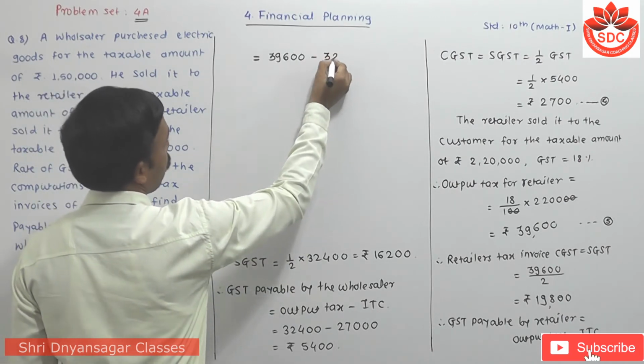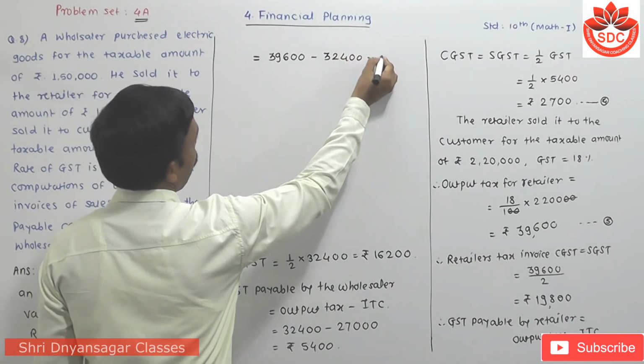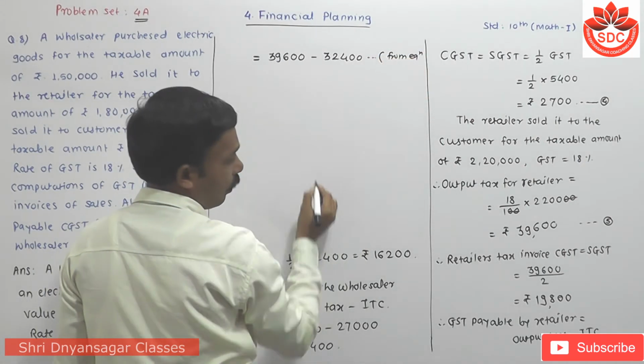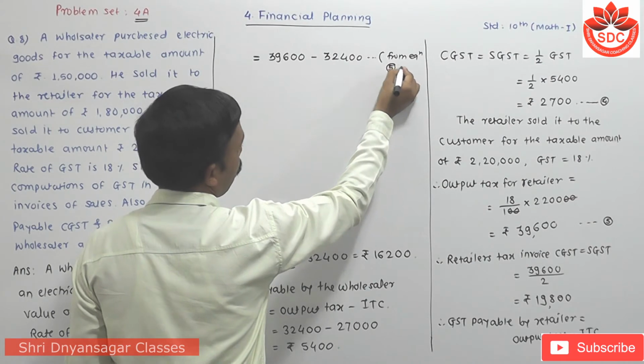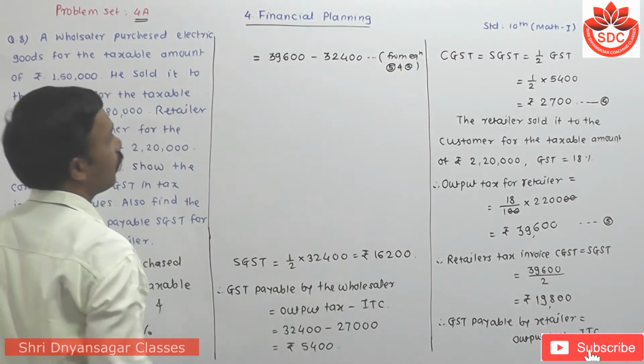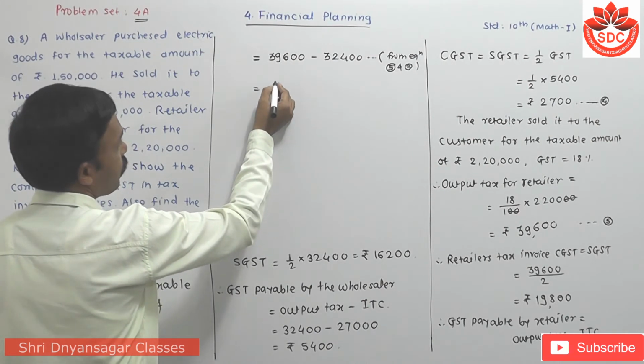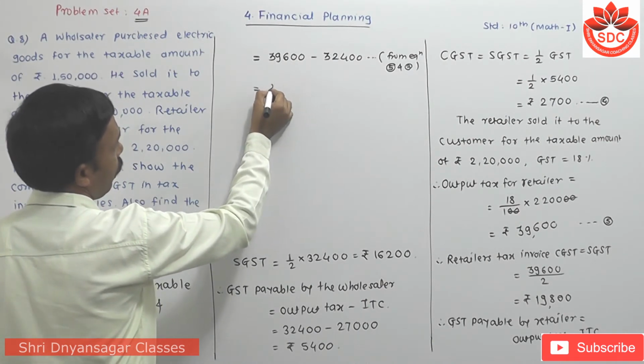This is 32,400. Means that from equation 5 and third, this subtraction becomes so simple. This one is also 7,200.